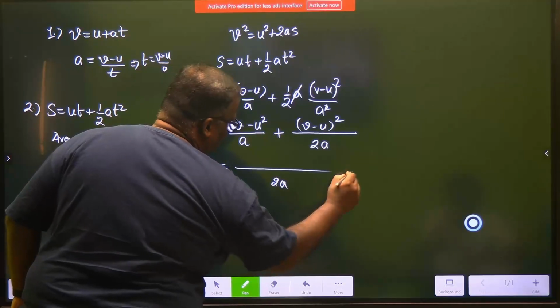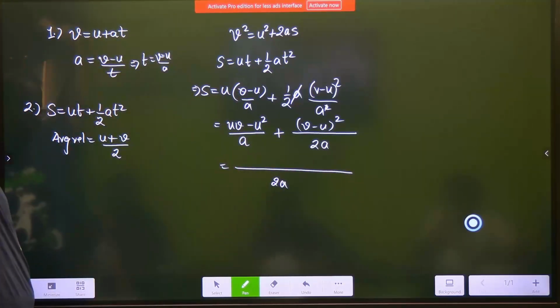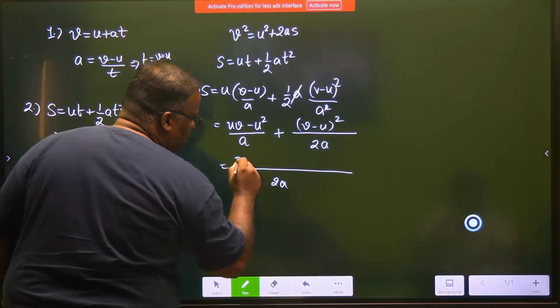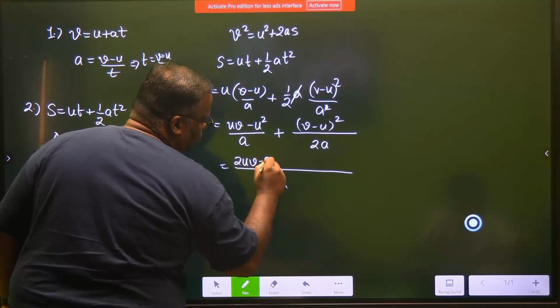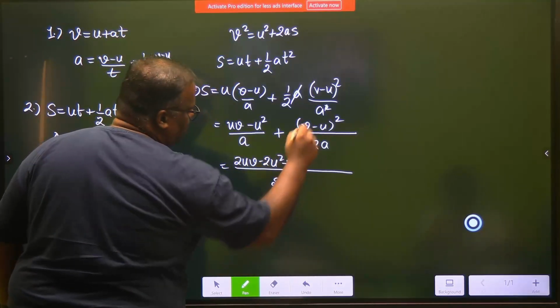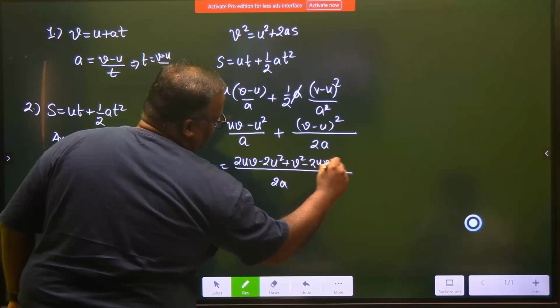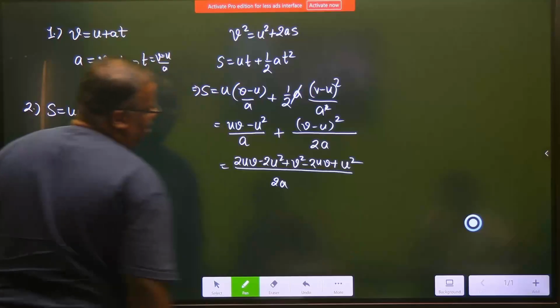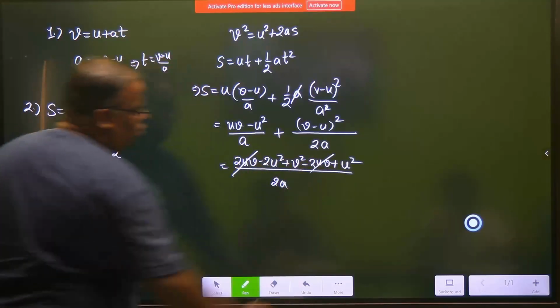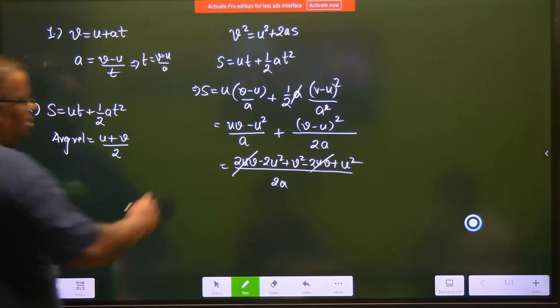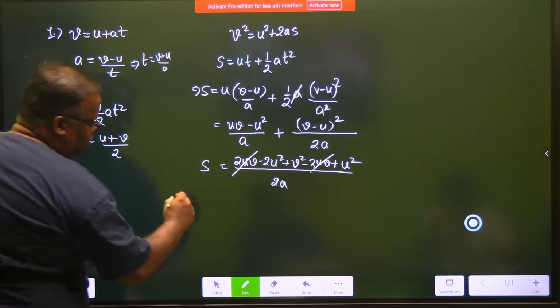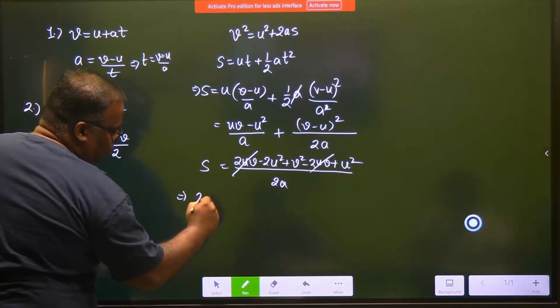2A divided by A is how much? 2. So 2 into UV becomes 2UV minus 2U square. Now expand this. A square minus 2AB plus B square plus 2UV minus 2U square. Check. Then this side I've got S. So you can already multiply this to AS.